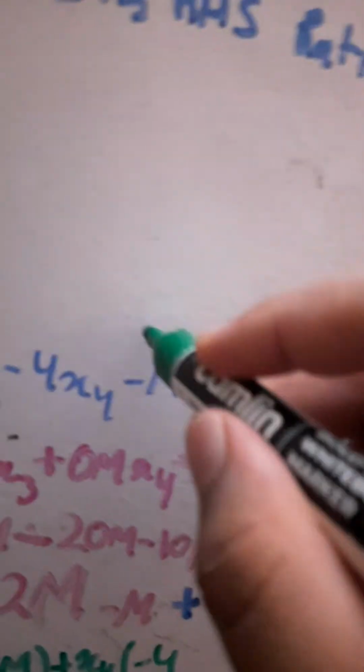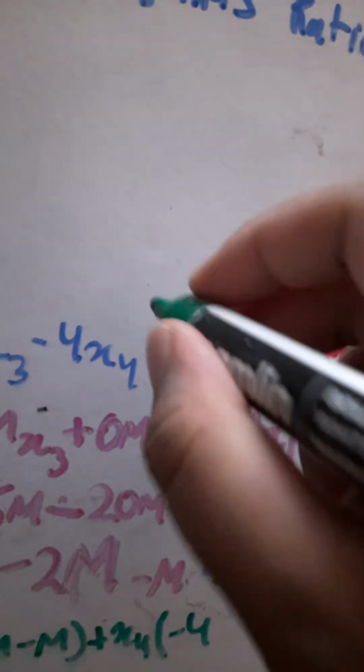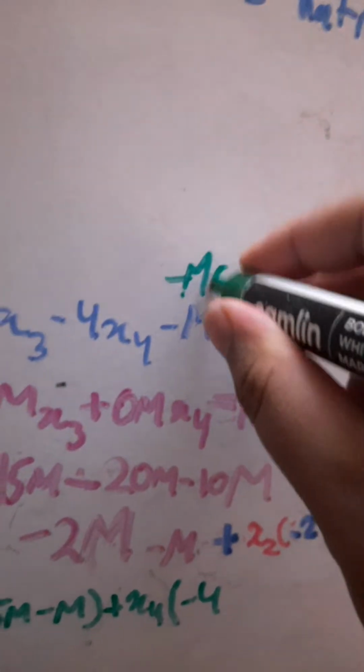Let's just write here, plus minus, right, yes, minus m 0 x4.